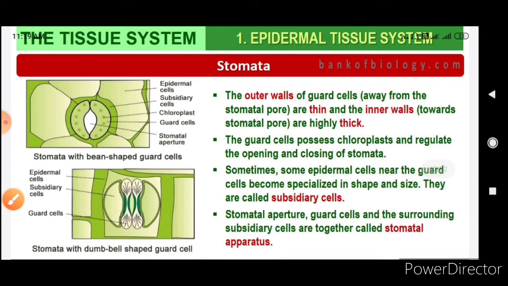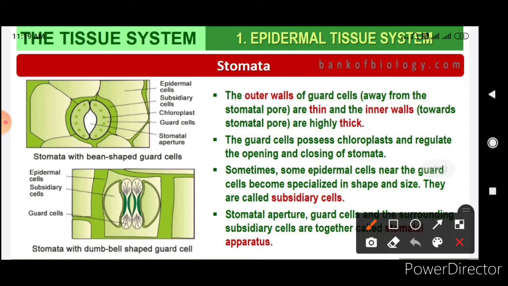The outer walls of the guard cells away from the stomatal pore are thin, and the inner walls toward the stomatal pore are highly thickened. In the diagram, this outer layer has a thin wall, and the inner one has a thick wall. This helps in the opening and closing of the stomata.